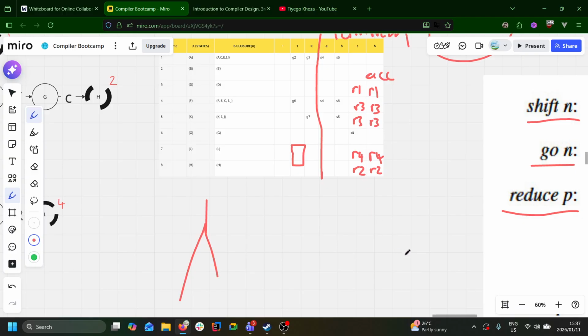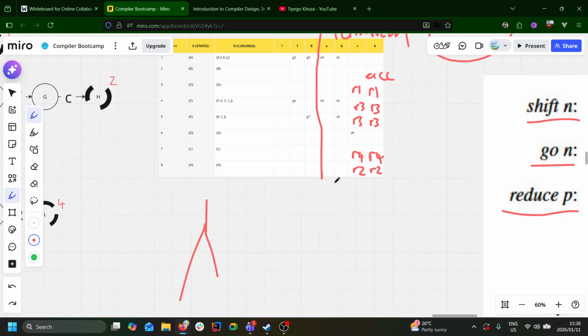All you need to know is that all the other blank cells would usually cause an error. Another thing is that if you're making your table, and let's say you have a reduce 4 over here, and then another accept state also adds reduce 5, where one cell has more than one action, that's a clash. It usually means something went wrong, and that the CFG you picked is not compatible with SLR.